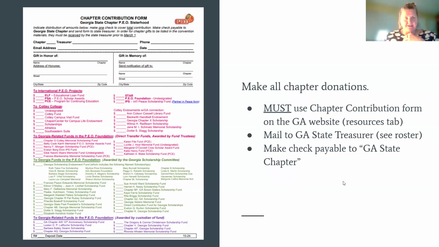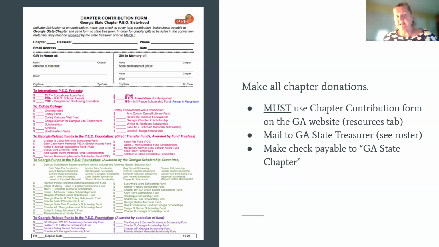And then all of these go into that fund, as well as the ones at the bottom of the purple. The purple ones are funds that the chapter themselves regulate, and they have to establish their own committee for interviewing. So all the checks are made payable to the Georgia State chapter. The state treasurer consolidates these and sends them on.